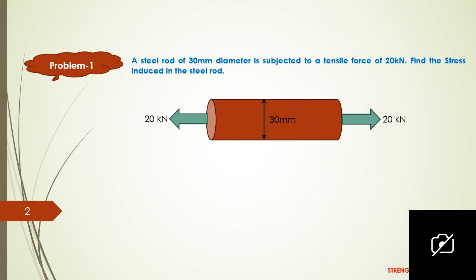So this is the first basic problem. A steel rod of 30 millimeter diameter is subjected to a tensile force of 20 kilonewton. Find the stress induced in the steel rod.